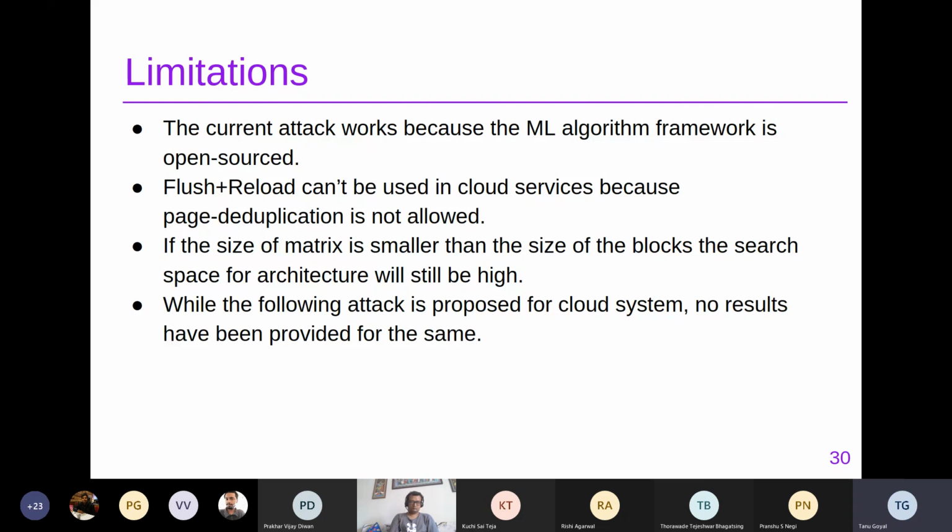We would need an adaptive kind of attack that knows when the matrix size is small and when it is high. The final limitation is they didn't provide any results for a cloud system. They provided results only for their local machine. But based on discussion, I think prime and probe still works for the cloud service.